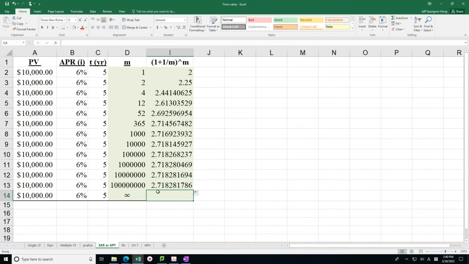And that limit is somewhere around 2.71828. So if you raise it to infinity, look, even if you increase it to infinity, it's just somewhere around 2.7182818.